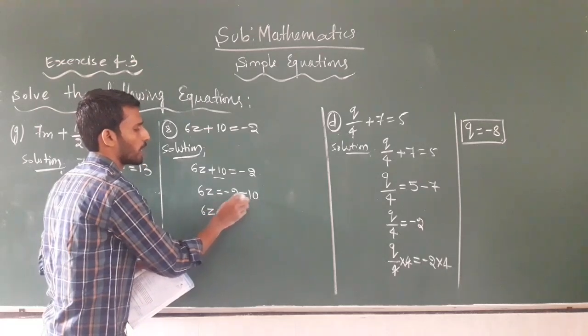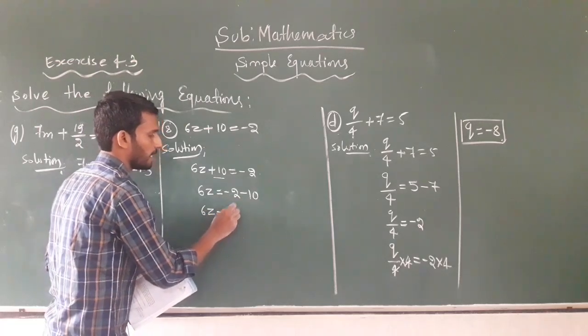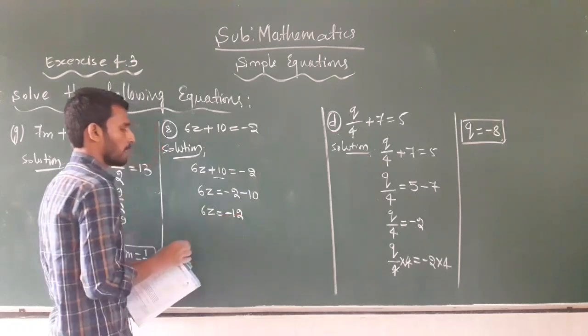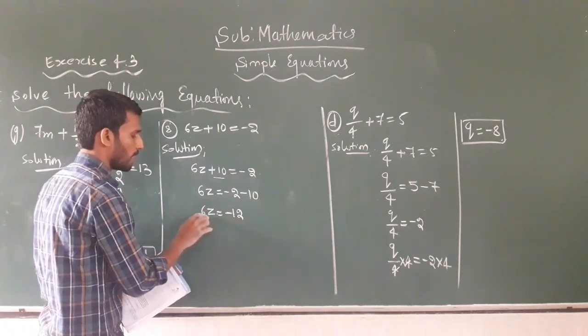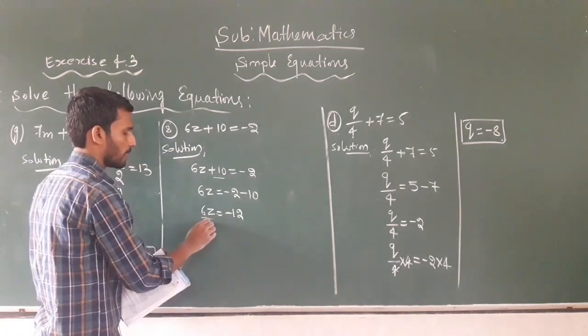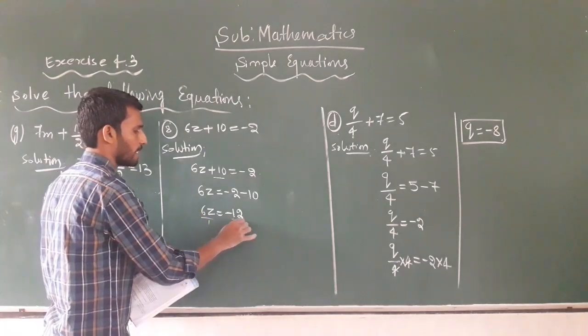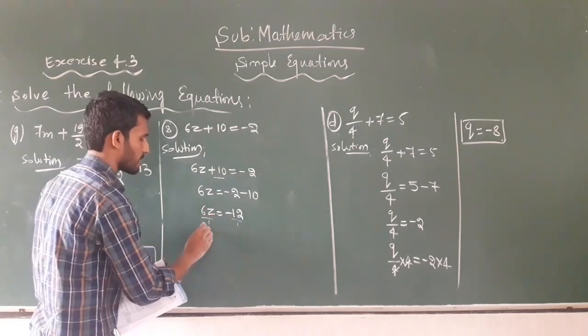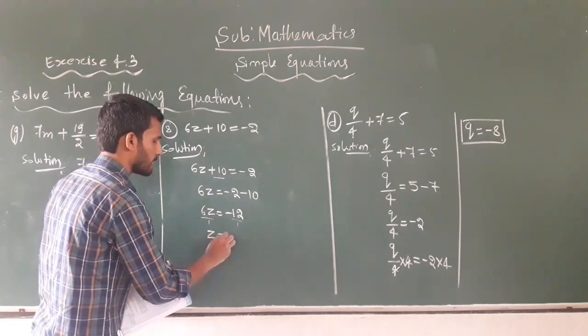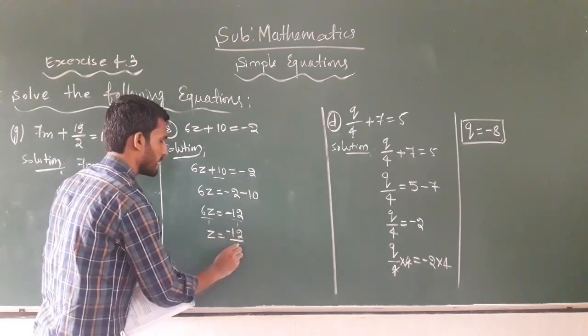When we add a negative integer, we again get a negative integer. The denominator here is 1, and here also the denominator is 1. When we shift from LHS to RHS, z is equal to minus 12 by 6.